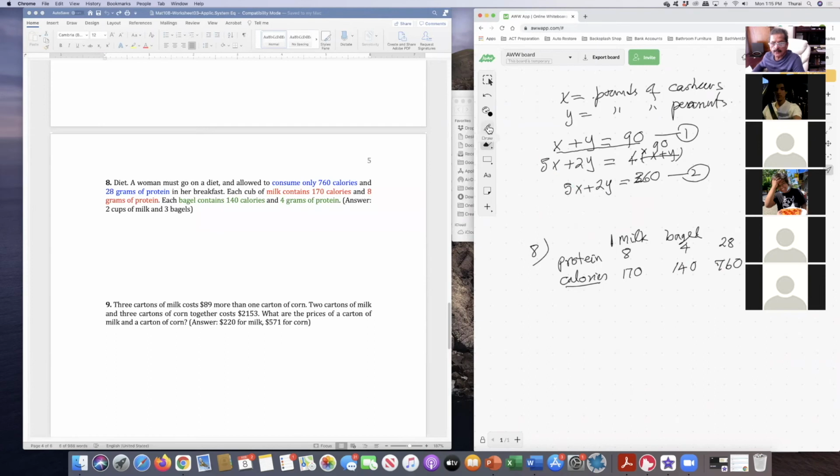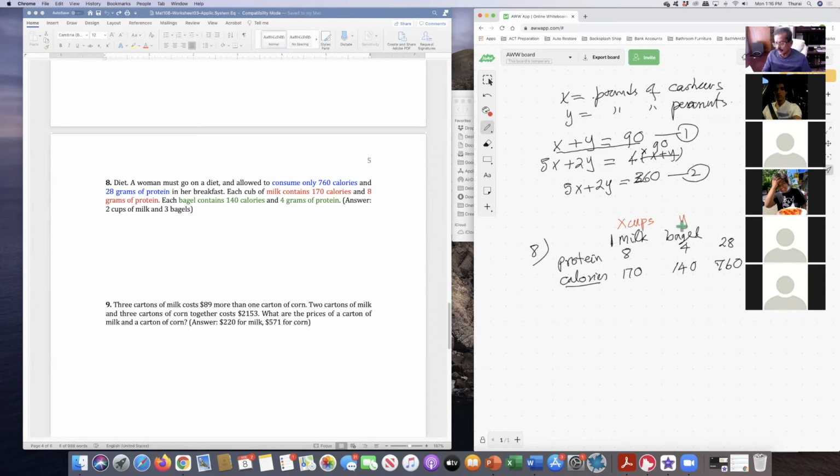So we're going to introduce variable names for them. You put those variable names right there about the milk. The milk, X cups. That's the unknown quantity. Number of bagels, Y. Y is the count of bagels.